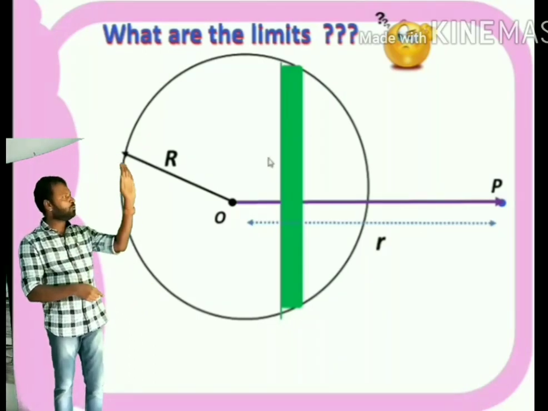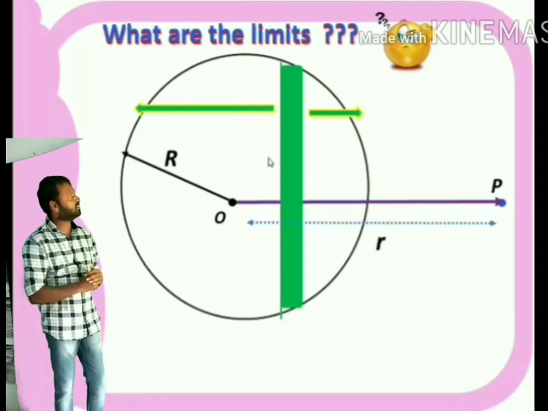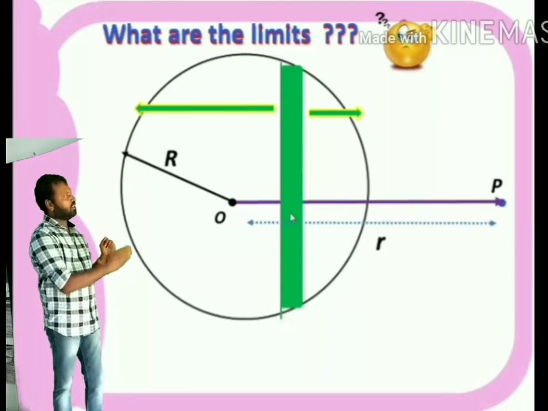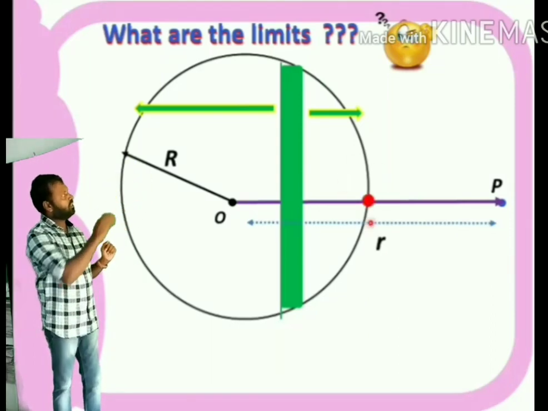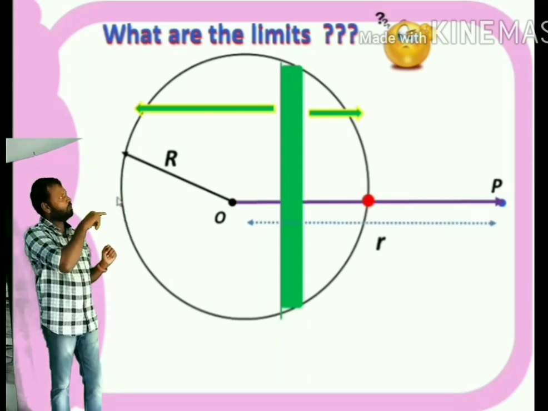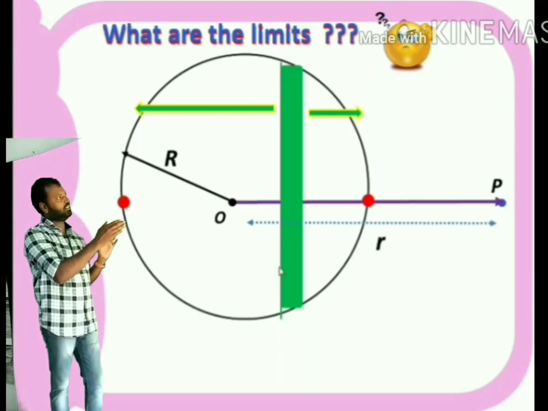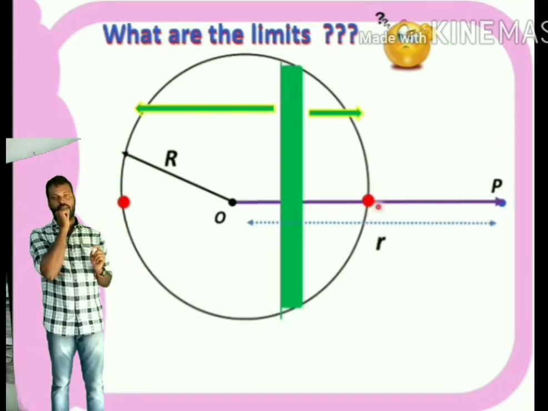Whole shell means I have to move my small ring from the left end to the right end like this. If I move my small ring to the right end, then this is my right end point. If I move to the left end, then this is my left end. Now I have to integrate the above equation from this end to this end.